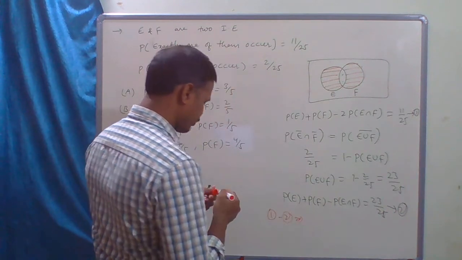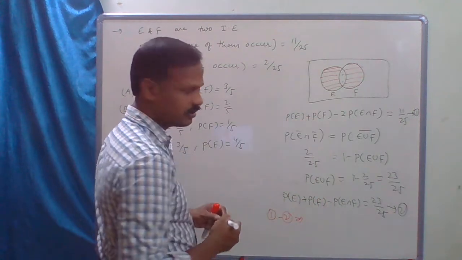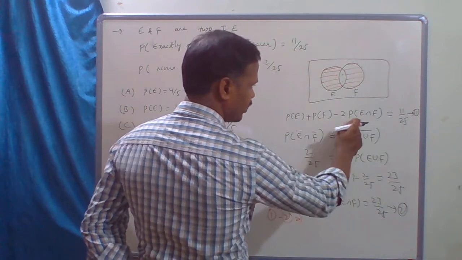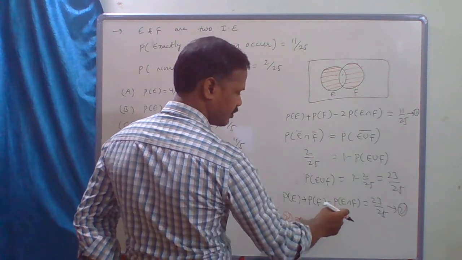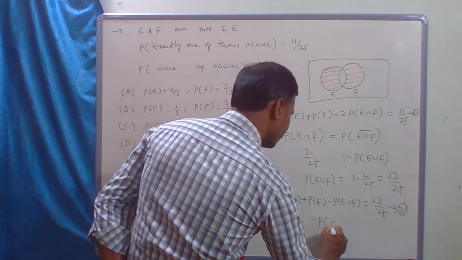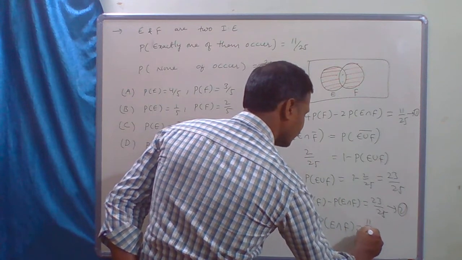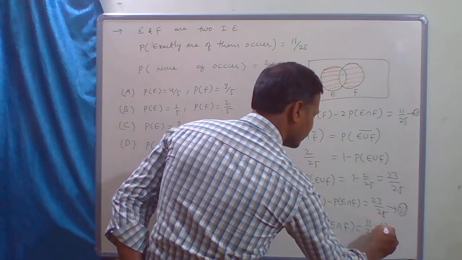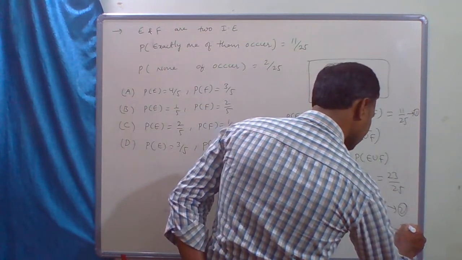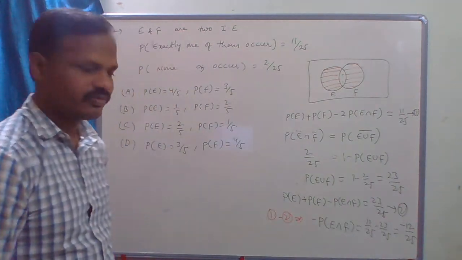So P of E cancels, P of F cancels, and this is minus 2 into probability of E intersection F, this is plus, so that is minus probability of E intersection F equal to 11 by 25 minus 23 by 25. Yes or no? Which is equal to minus 12 by 25. Clear?